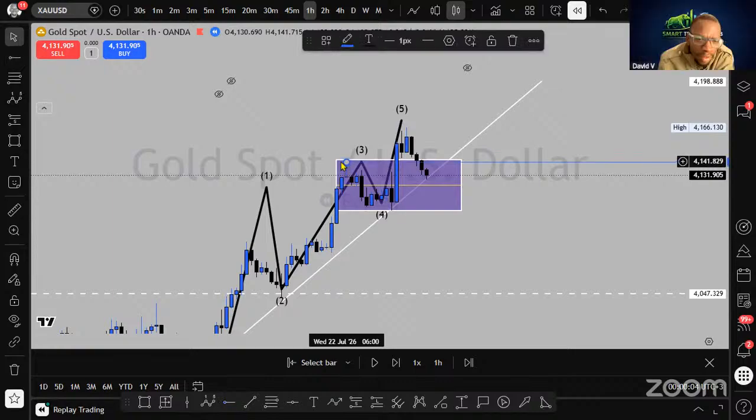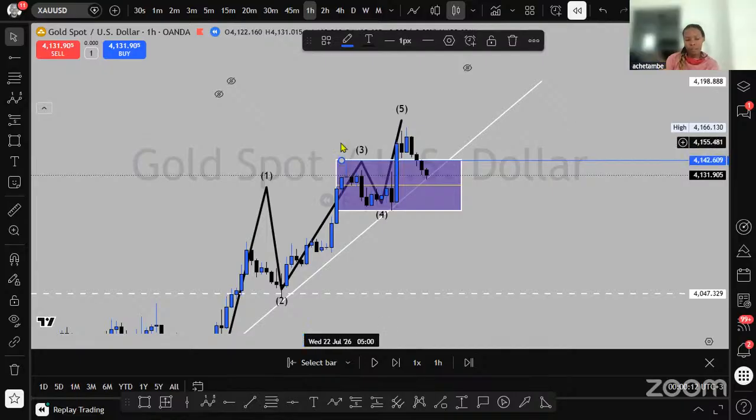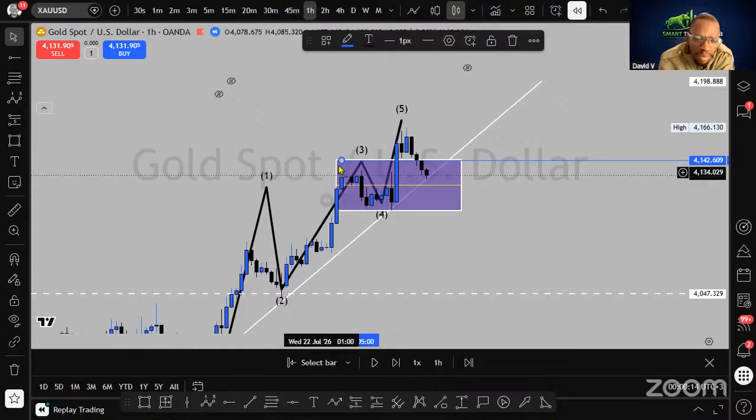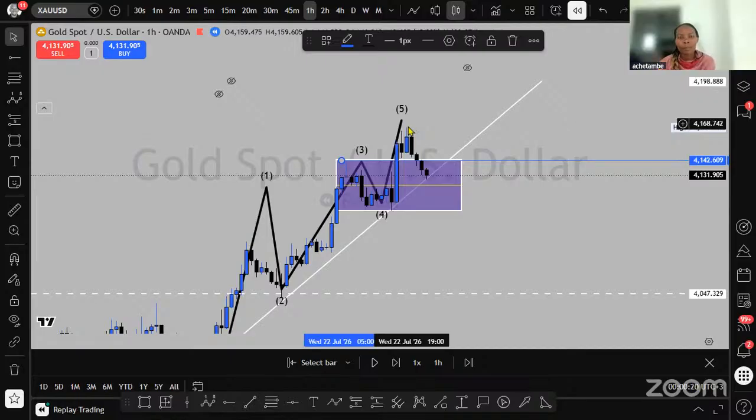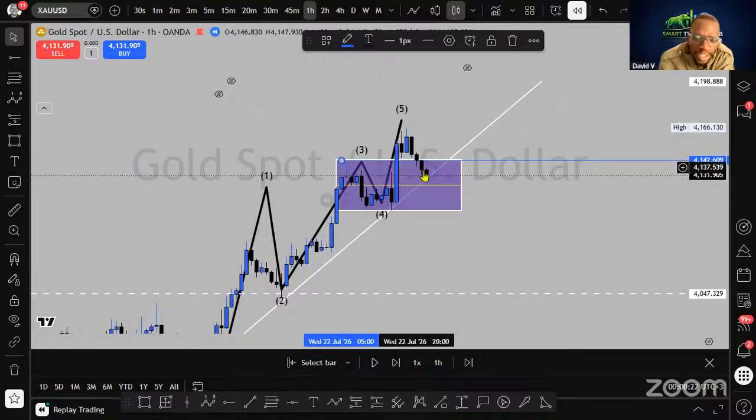This is the top of my other neckline, which was the previous higher high. Do you agree? Before we formed this. Yes, I agree. So we've now broken it, and automatically it becomes what? A resistance. True?